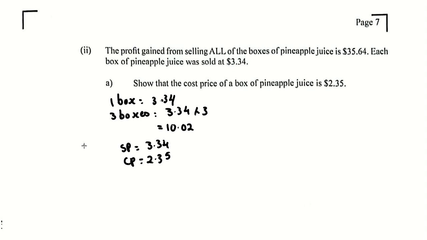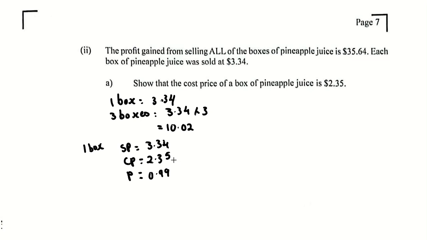We know that the selling price is $3.34. And the cost price of the box was $2.35. So we know that your profit would be your selling price minus your cost price, which is 3.34 minus 2.35. You'll get 99 cents as a profit.